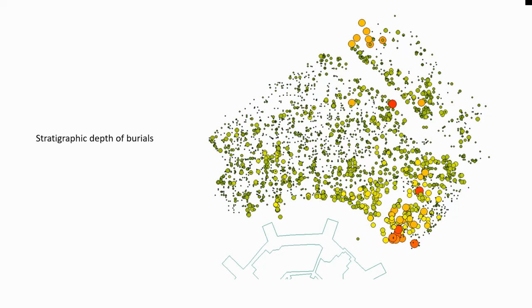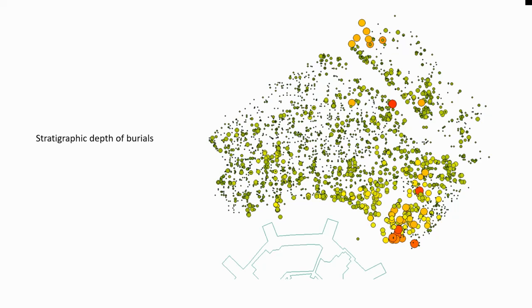And once you've got information about the depth of these things, you can start asking some interesting questions. For example, why is there such greater depth relative to the things around them in these isolated spaces here? What is the reason for all these burials down here? Obviously, we're at the east end of the church. That could be significant. What's the reason for the gaps?